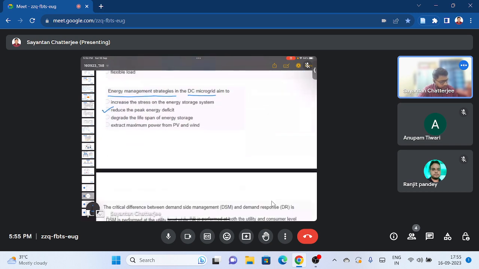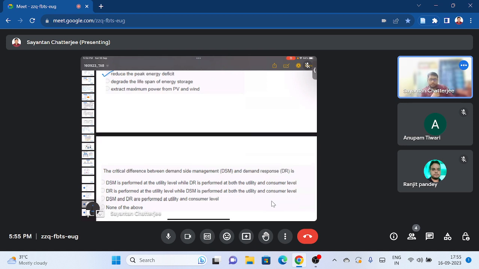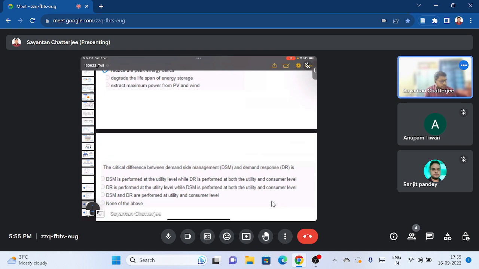Okay. So, the critical difference between demand side management DSM and DR, demand response, that I've discussed previously. What's the main difference between DSM and DR? DSM is performed at utility level, whereas DR is performed at both the utility and the consumer level.